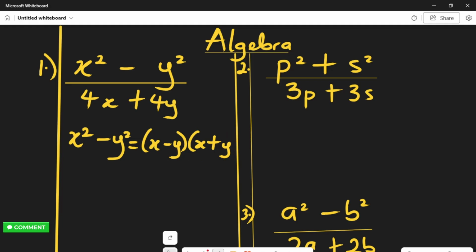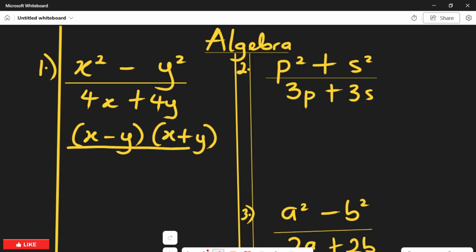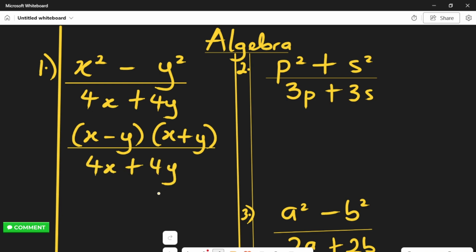Okay, now that we know that and we have that in memory, instead of writing x raised to the power of 2 minus y raised to the power of 2, we can simply write (x minus y) in brackets then (x plus y) in brackets, all over 4x plus 4y, our denominator.